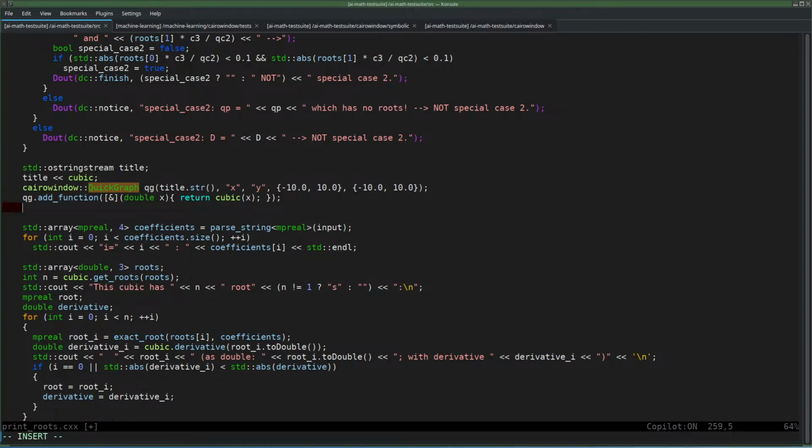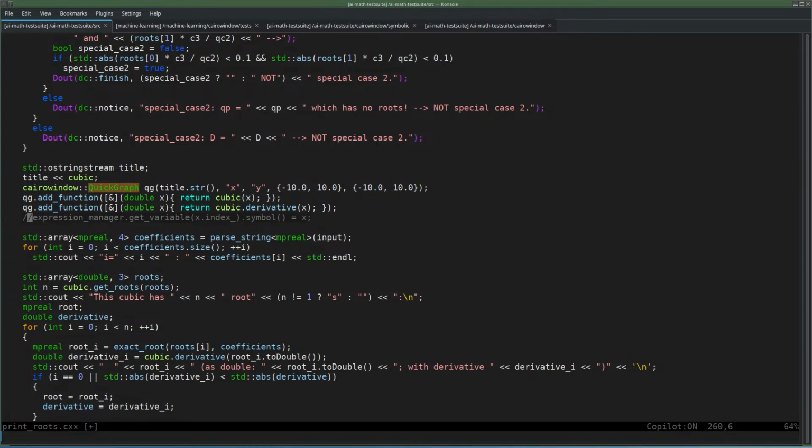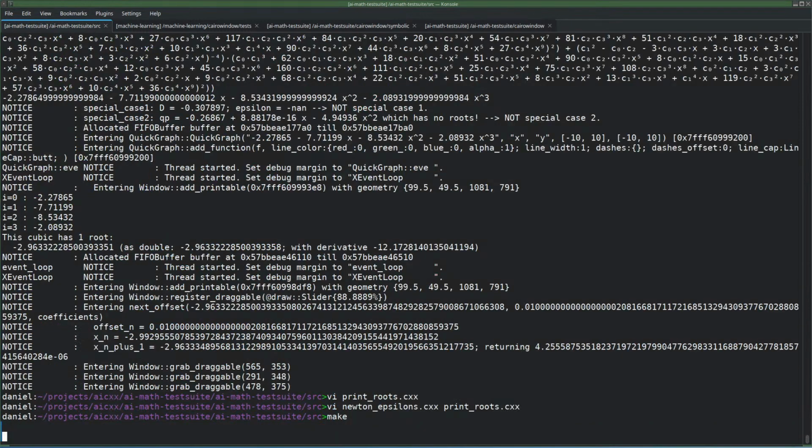So can I add another function? Can I add 2 functions with the same graph? Probably. No. Copilot thinks I want to draw the derivative. Let's try that out.